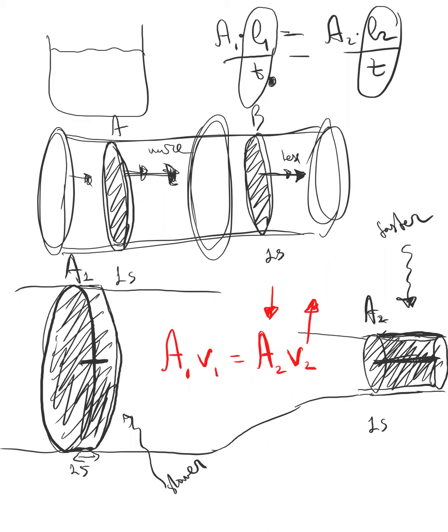So now I will move to slide number 4. On slide number 4, I show a couple of cases of this continuity of volume. So let me write this equation here so that we have it for reference. A1 times V1 equals A2 times V2. And so one example is the top right figure where you have water flowing.